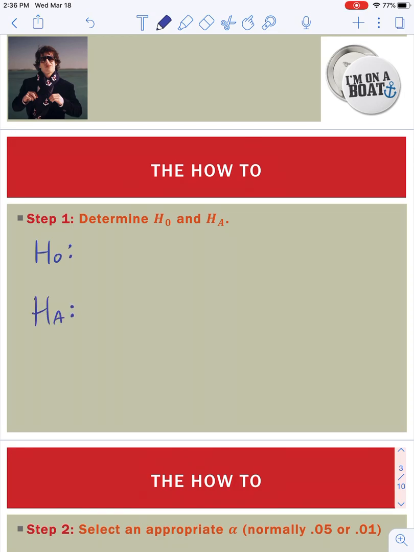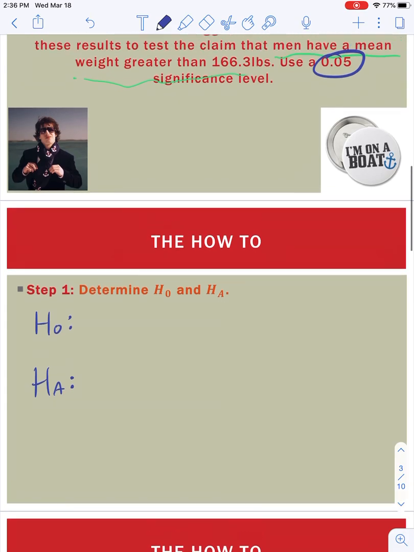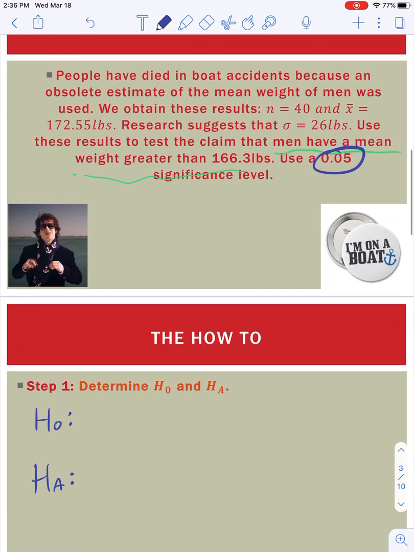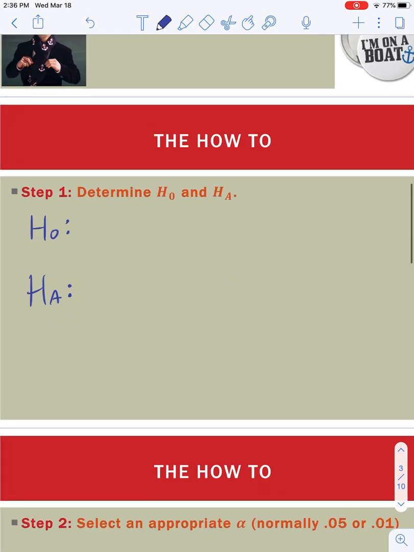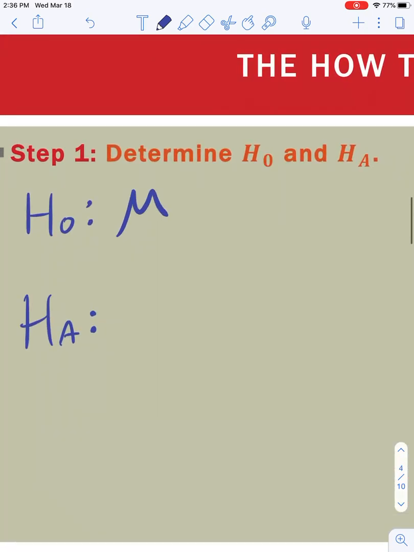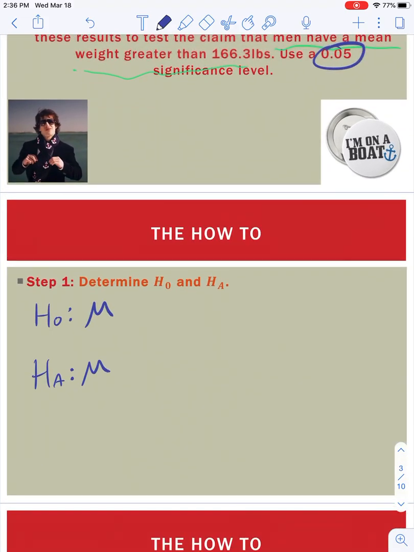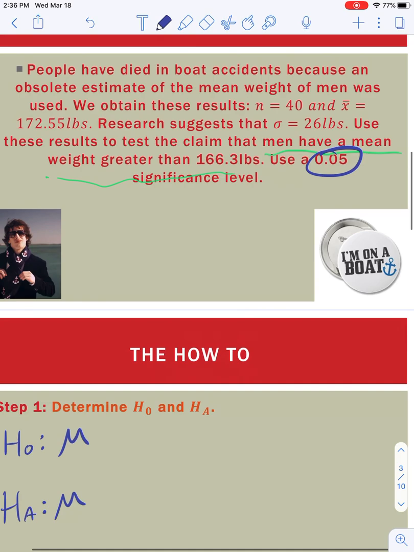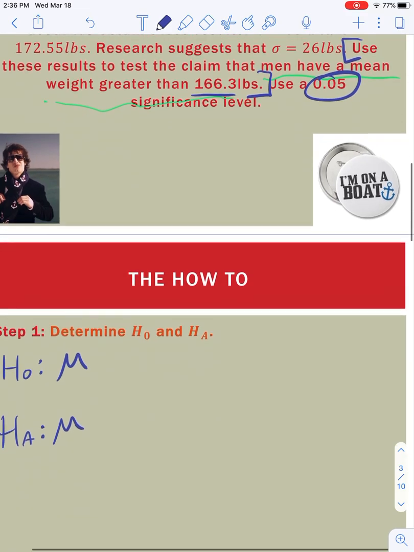Well, we got to ask ourselves, is this a mean problem or is this a proportion problem? Well, we see a couple of times, we see an x bar, which is a mean, and we see the word mean right here. This is definitely a mean problem. So that means that both hypotheses are going to use mu. They always use the same symbol as each other. The number suggested in the claim is 166.3.